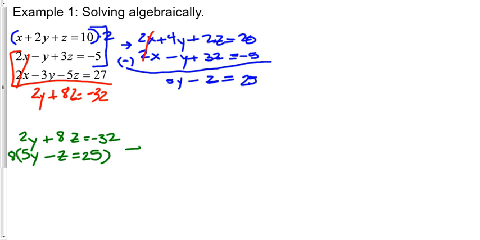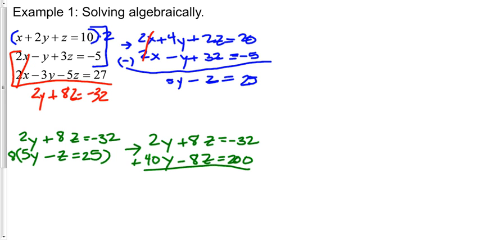Okay, so rewriting this system, the top equation is going to stay the same. 2y plus 8z equals negative 32. My second equation, everything gets multiplied by 8, so I get 40y minus 8z equals 200. Now, using elimination, because I've got a positive 8z and a negative 8z, I'm going to add the columns this time, and I get 42y.